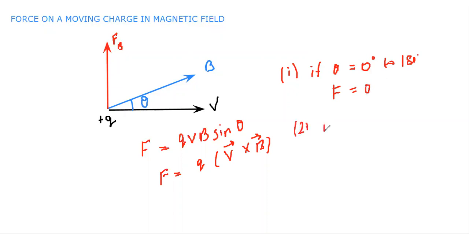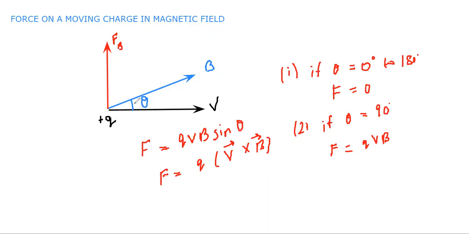Second case, if theta is equal to 90 degrees, force would be equal to QVB, and this would be the maximum force. So when a charged particle enters with theta equal to 90 degrees, it experiences a maximum force.